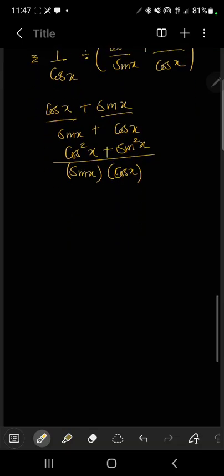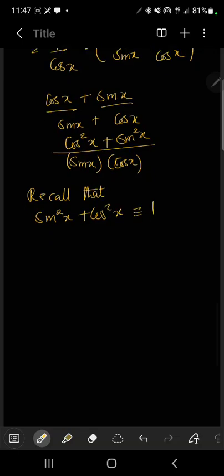Sin and sin cancel, cos times cos is cos squared x, plus cos and cos cancel, sin times sin will be sin squared x. Now remember that sin squared x plus cos squared x from the Pythagorean identity is equal to 1.